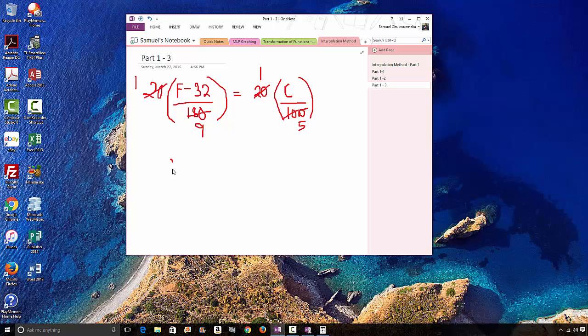So we have that F minus 32 over 9 equal to C over 5. And of course, this is your Fahrenheit Celsius temperature conversion formula.